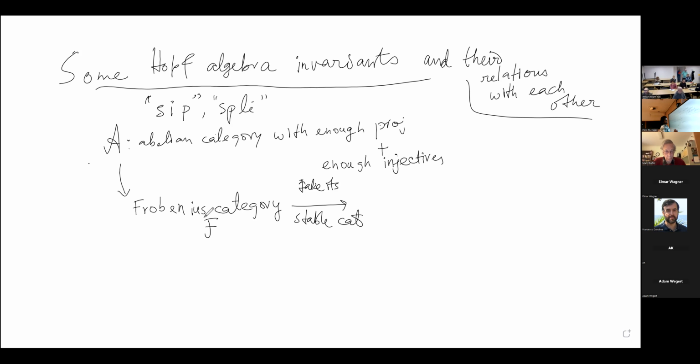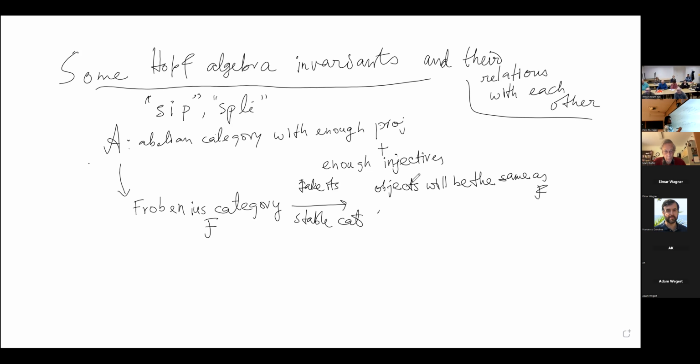What I will do is I will construct a category such that my objects will be the same as F.